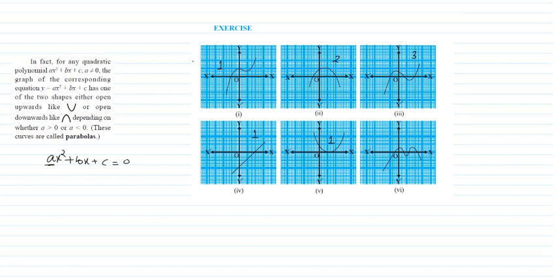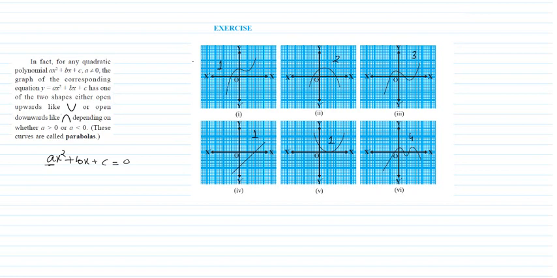Now here you can count in the sixth graph, 1, 2, 3, 4, so it is cutting the axis at 4 points. So by looking at the graph you can easily figure out the number of zeros, or whether the graph is of a linear polynomial, quadratic, or cubic.